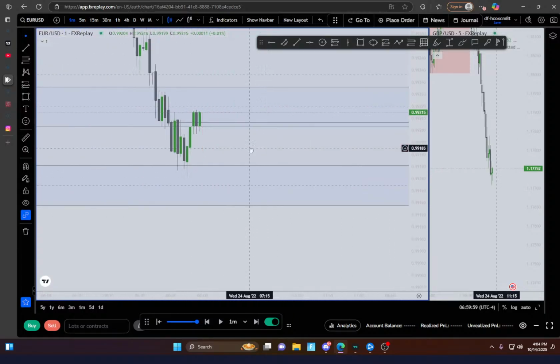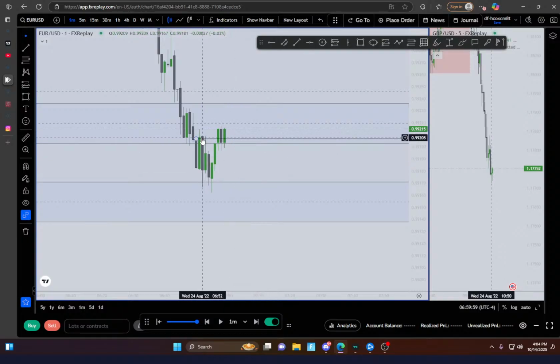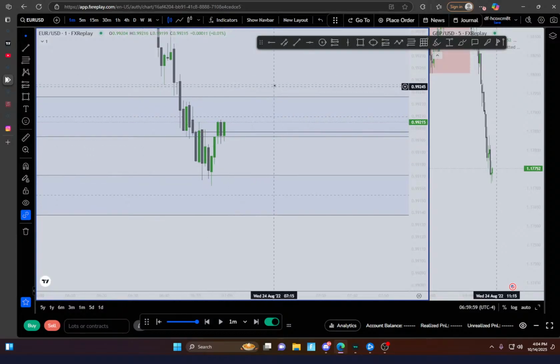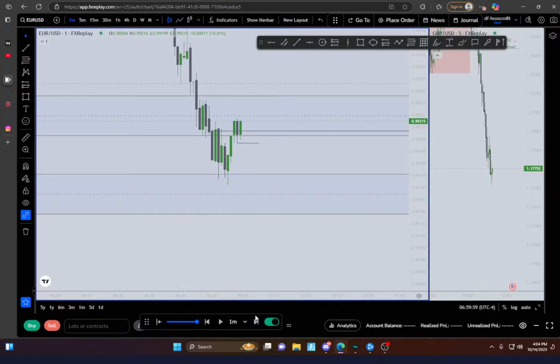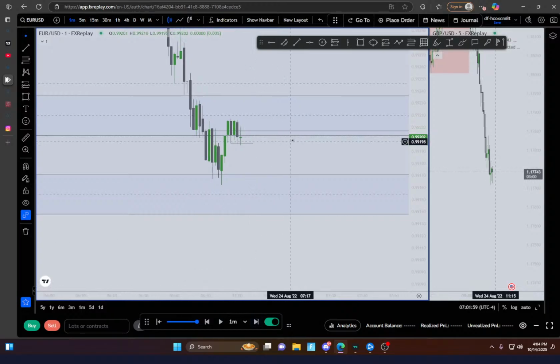Oh, so let's actually refine it a little bit now. So we just had this structure, and then we have this inefficient price action. So let's play it right here, and then we instantly draw to that inefficiency, and then we tap into it also.